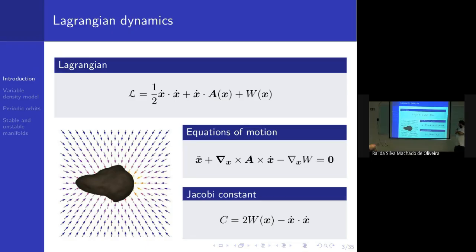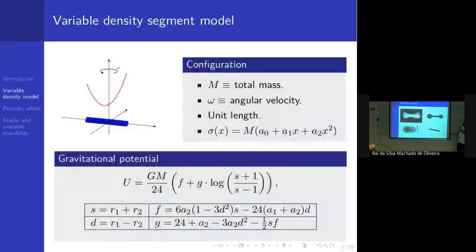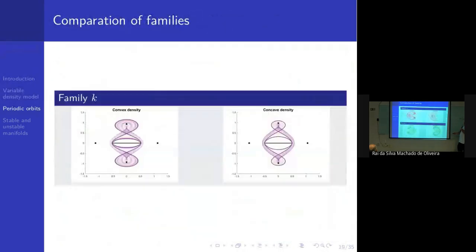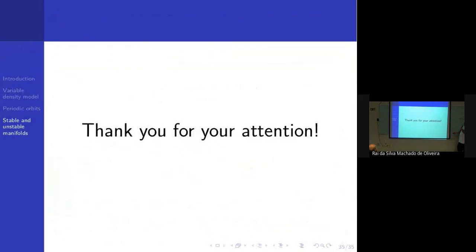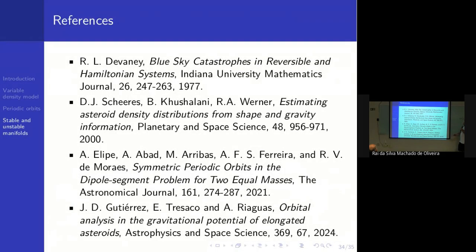In one of the references, in this paper here, at the end, we compare the convex density to the dipole segment model for an asymmetric density distribution.